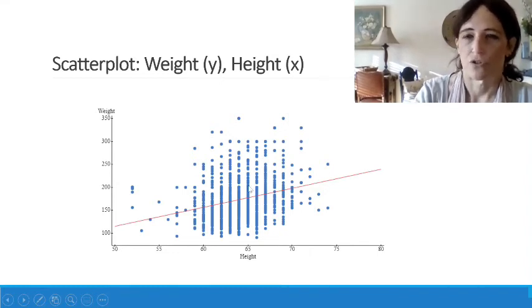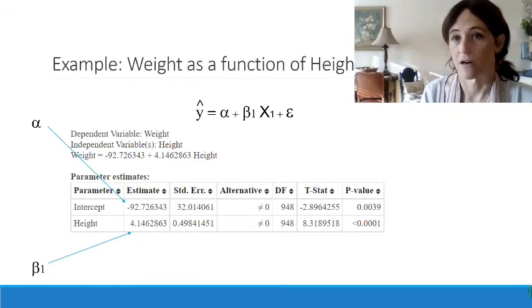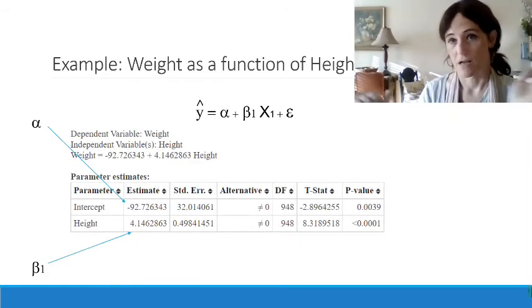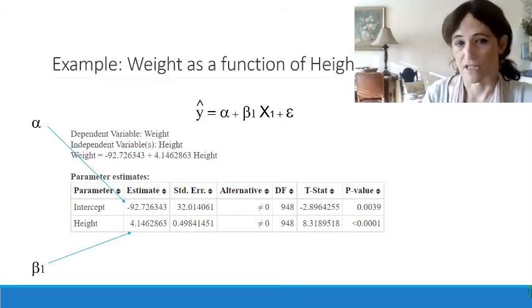We really shouldn't use the model to extrapolate beyond our observed highest and lowest values. It's really only good for that range of values. However, we do need that intercept.